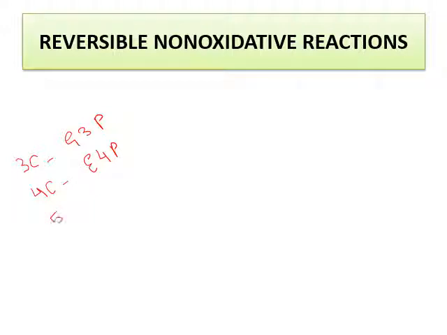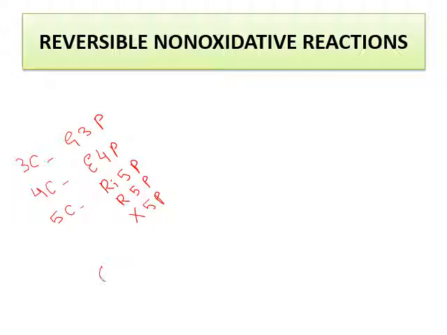Then there are 3 five-carbon sugars that you can manufacture in the second phase of the HMP pathway. First is ribulose 5-phosphate, then ribose 5-phosphate, and the last one is xylulose 5-phosphate.